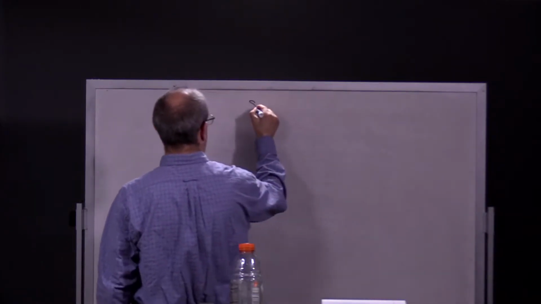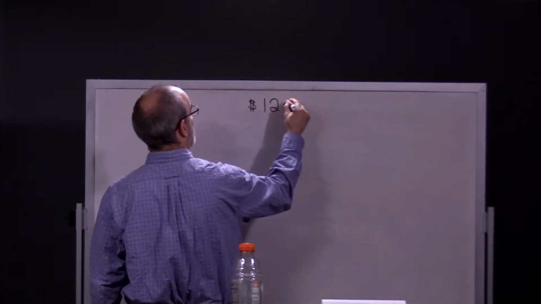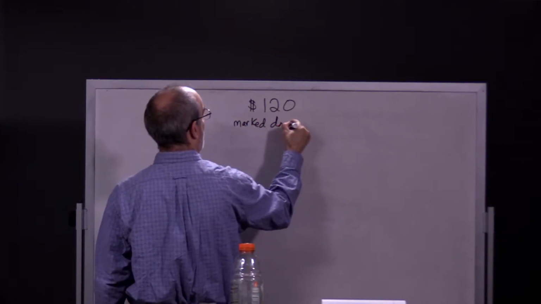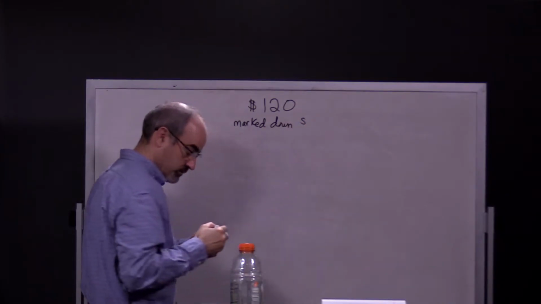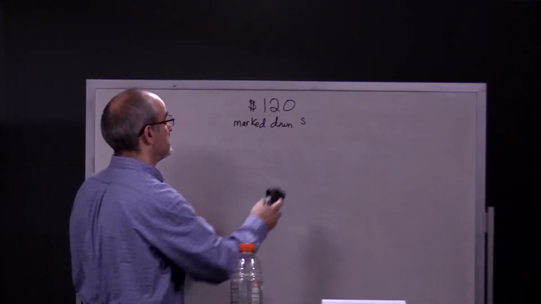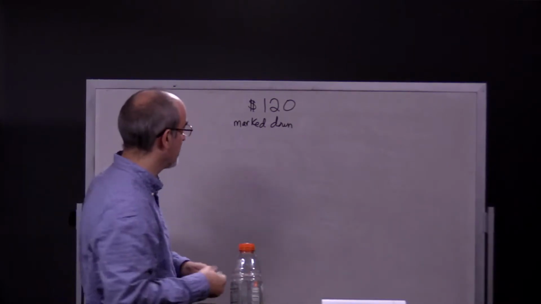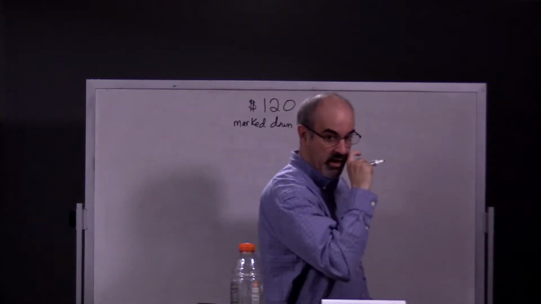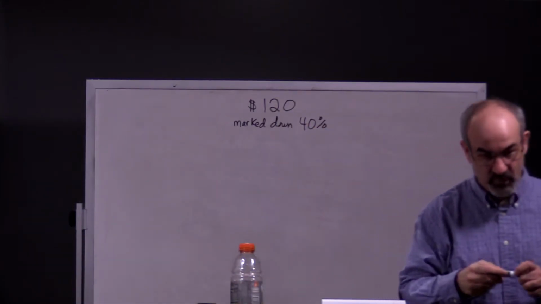But sometimes they might have a whole section of things where everything in this section is marked 20% down or something. What if there's something that costs $120 and, say, everything on this wall is marked down 40%?